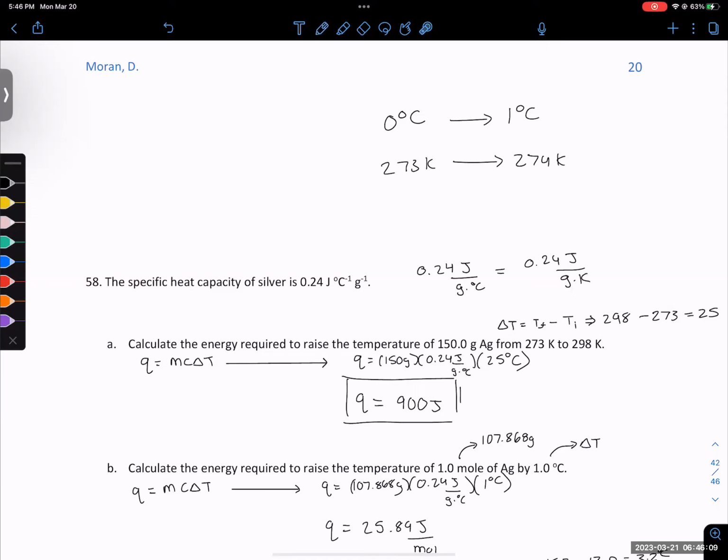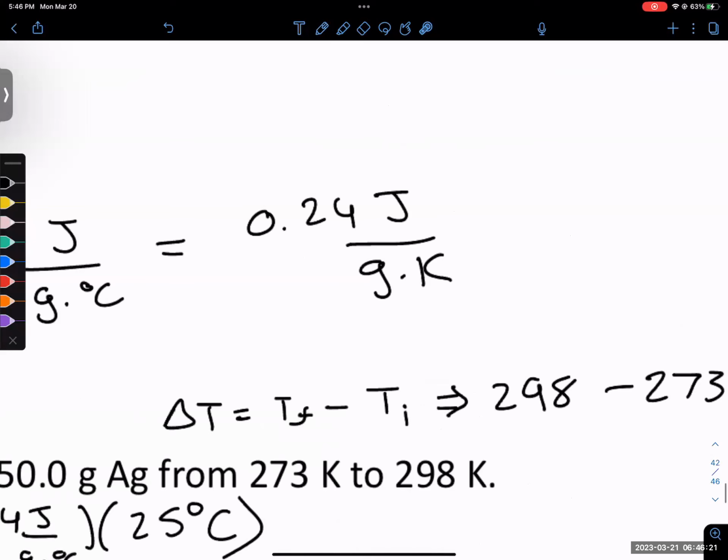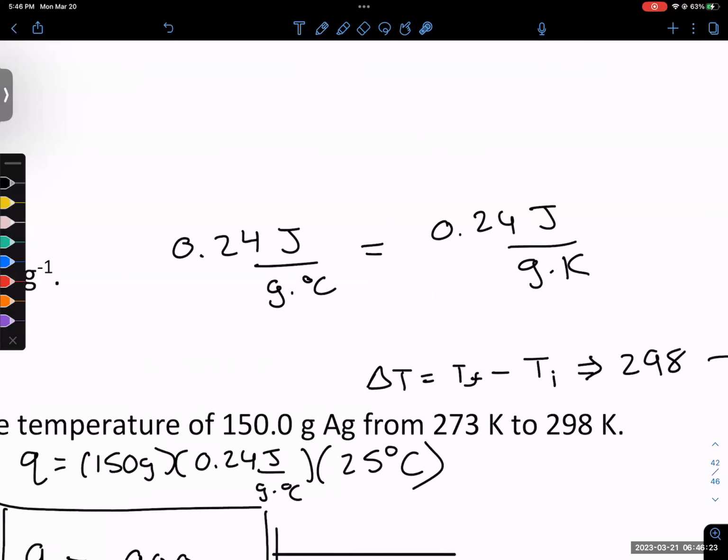The delta T for each process is still 1, right? So 274 minus 273 would give you a delta T of 1. 1 minus 0 gives you delta T of 1 as well. And like I said up here, the specific heat could be joules per gram degree Celsius or joules per gram degree Kelvin. They're both equal to each other.